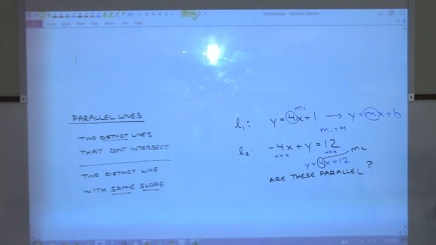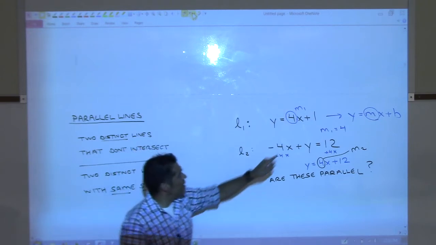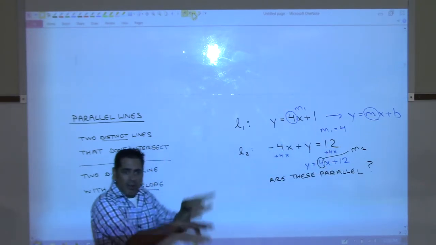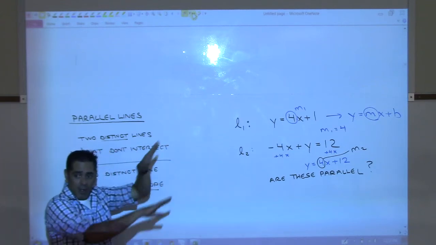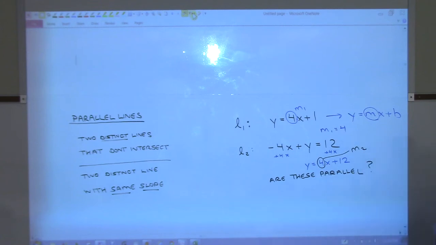Agreed? How do I know they're distinct lines? How do I know they're not the same line, though? The y-intercepts are different. The y-intercept of this one is 1, and the y-intercept of this one is 12. So they would be drawn at different y-intercepts, but they have the same slope. So the answer to this is they are parallel.